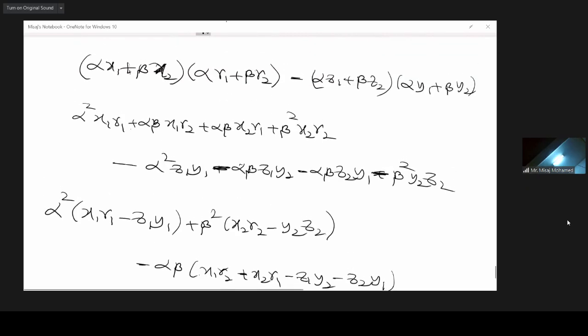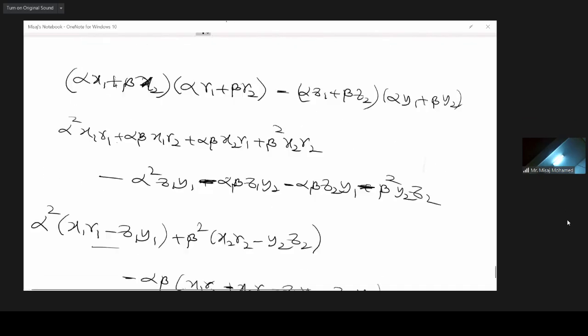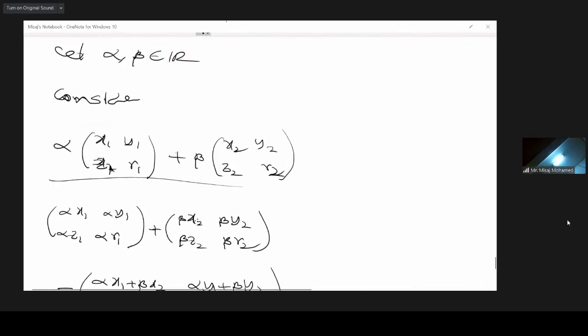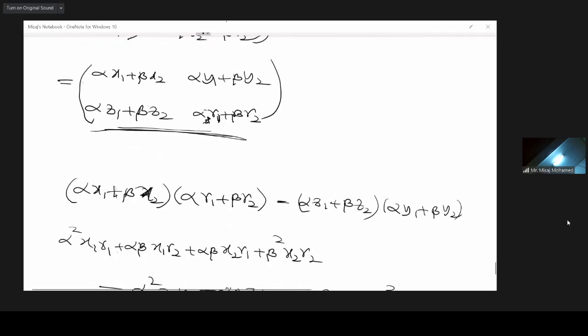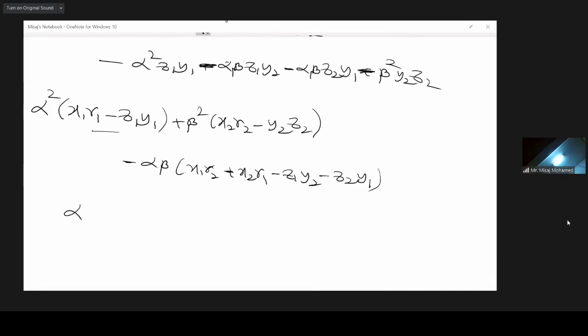Okay, so this is 1, and this is 1, but alpha squared times 1 plus beta squared times 1 is not equal to 1. So anyhow, this is not equal to 1. Is it clear? This total determinant is not always equal to 1. Sometimes, but not always.